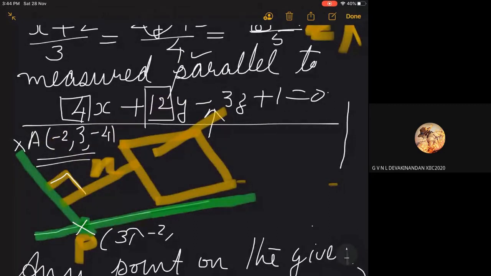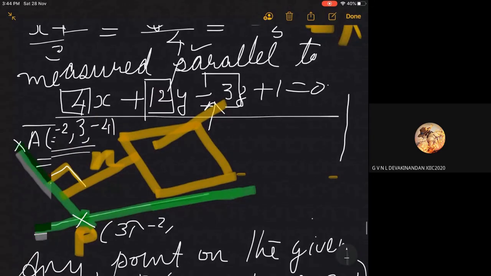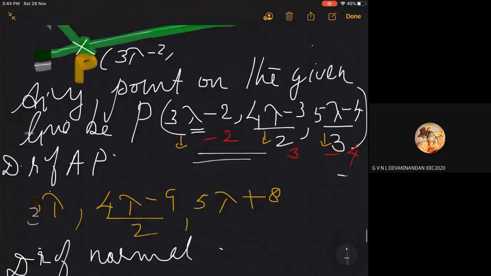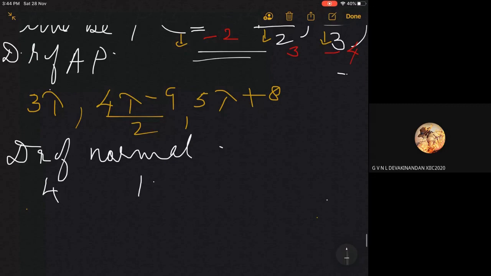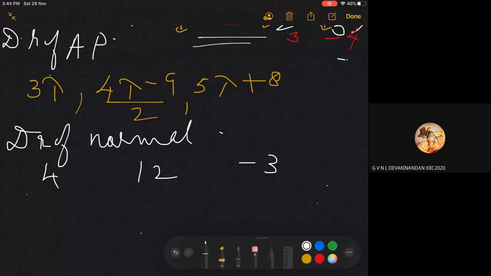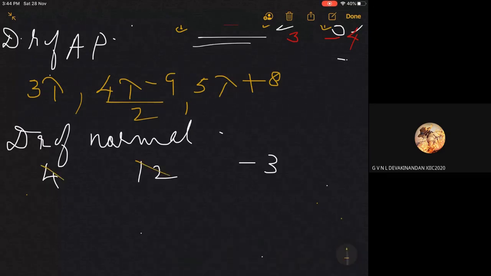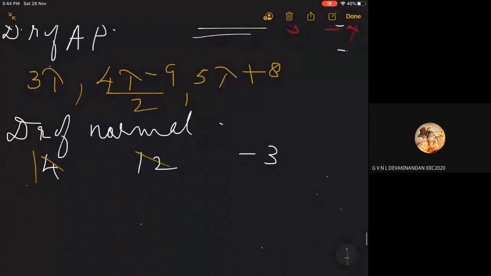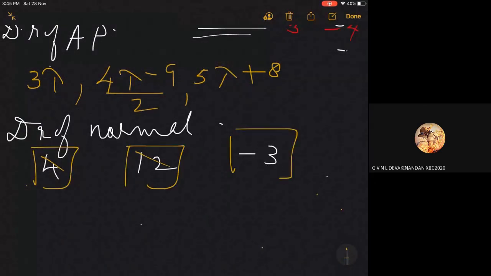The coefficients of x, y, z are the direction ratio, that means 4, 12, minus 3, or even a proportionate value. So this is 4, 12, minus 3.